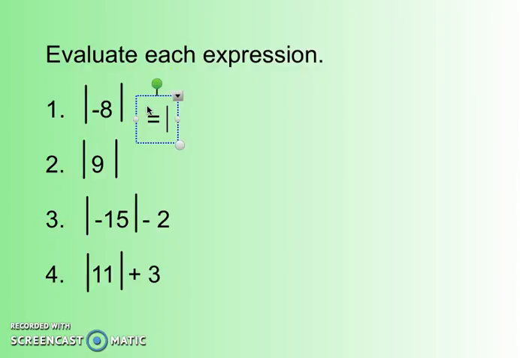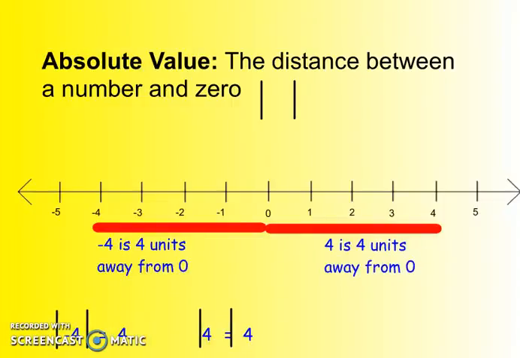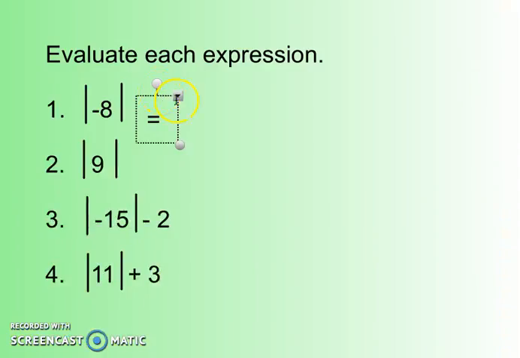If we look at a number line, I know this only goes up to +5 and down to -5. But think about it, -8 would be 3 more spaces this way. So let's count. If I go 1, 2, 3, 4, 5, then I'd have to go 3 more: 6, 7, 8. It would be 8 units away from 0. And so the absolute value of -8 is 8.